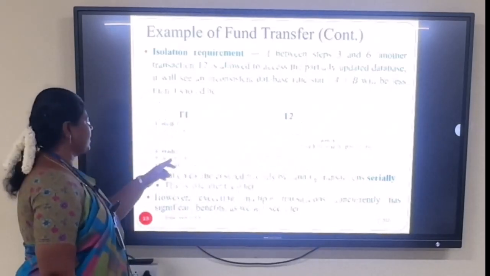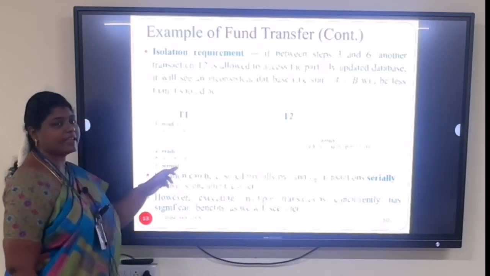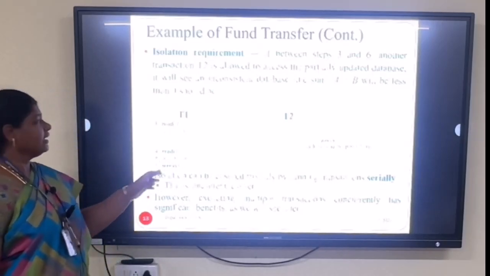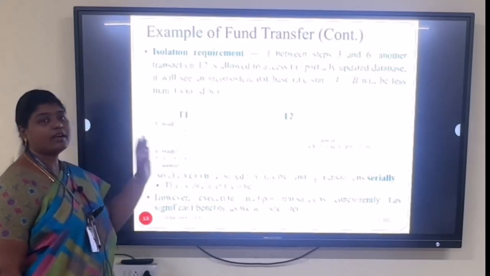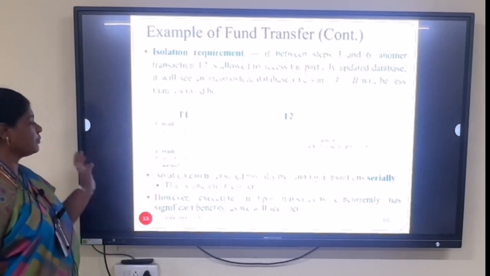After this, if it performs the addition of 50 rupees in the second account, the values will not be exactly available. So this shows the isolation property.